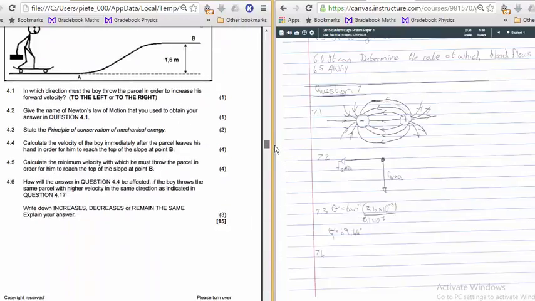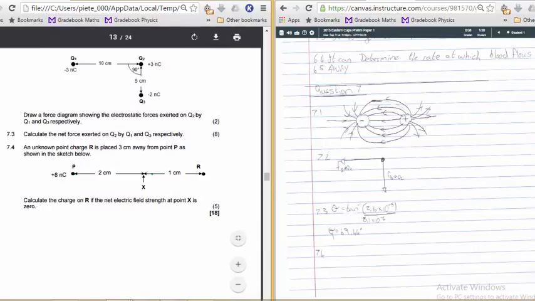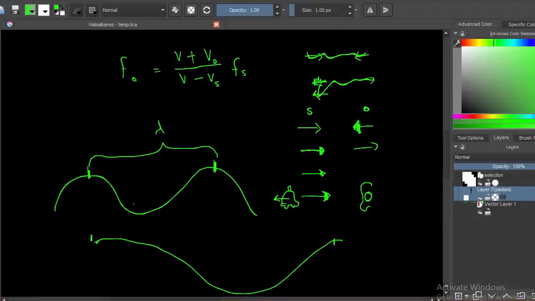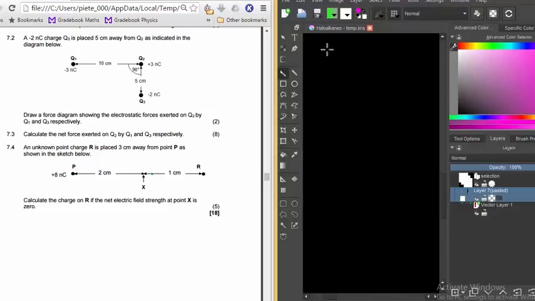So here, I just go back and open up my drawing. Okay, let's see if we can do it this way. So here we have our formula: the force is equal to K times Q1 Q2 over R squared.